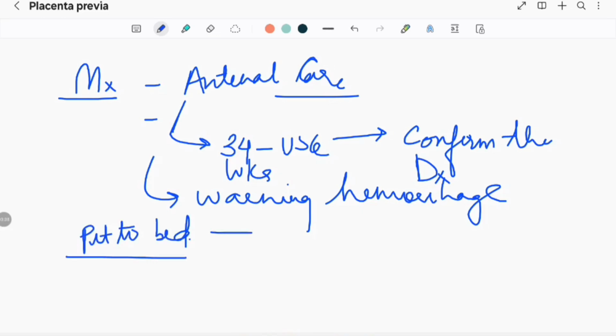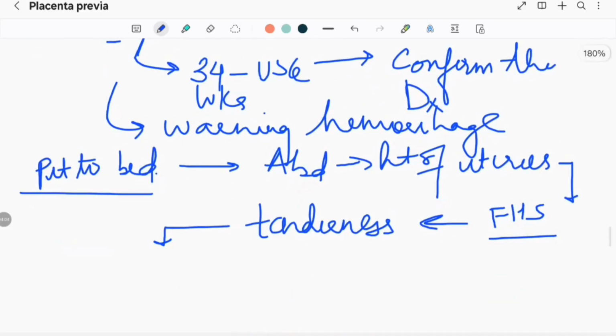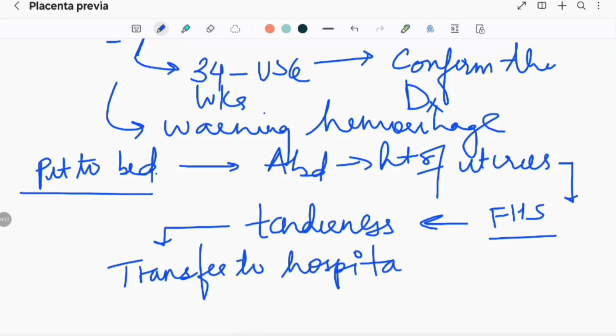A gentle abdominal examination has to be done to see the height of the uterus, to see fetal heart rate should be heard in the first place, and any tenderness should be noted of the uterus. Then the patient should be immediately transferred to the hospital and admitted.